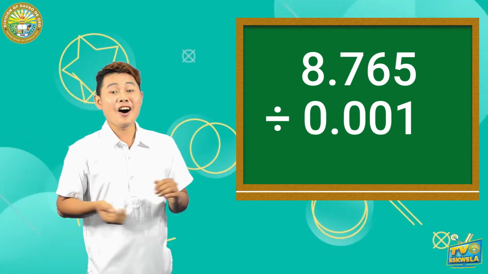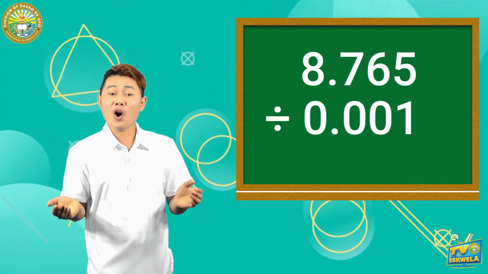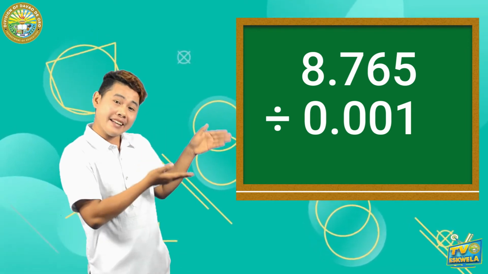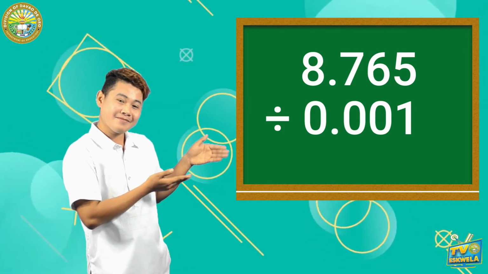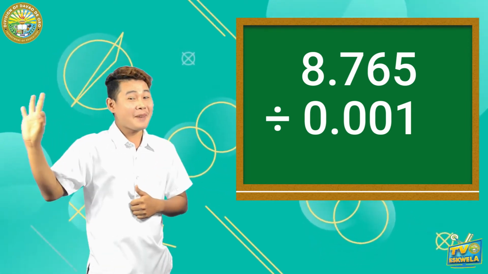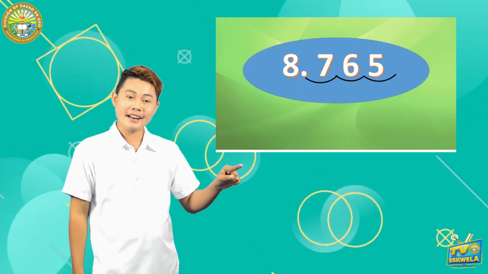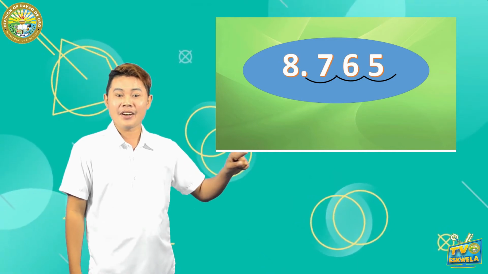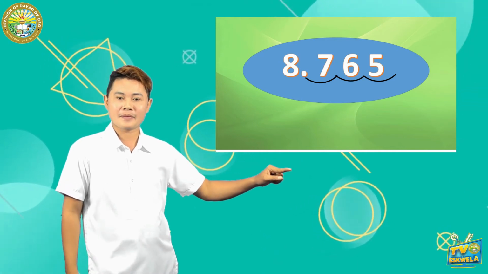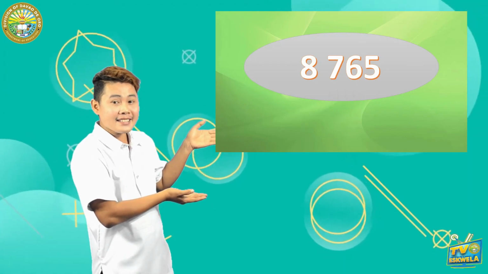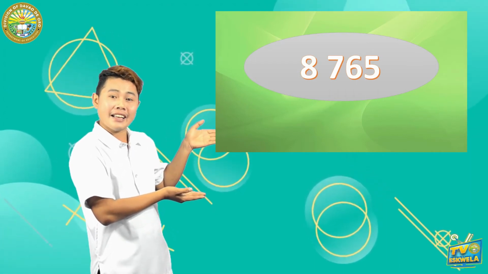Therefore, how many places are we going to move in our dividend? Correct. 3 places also. 1, 2, 3. And we have our answer. 8,765.